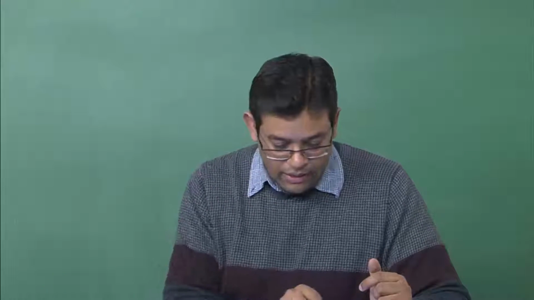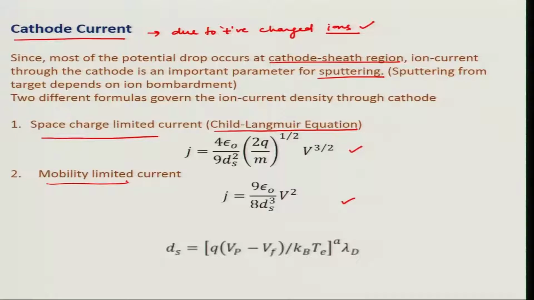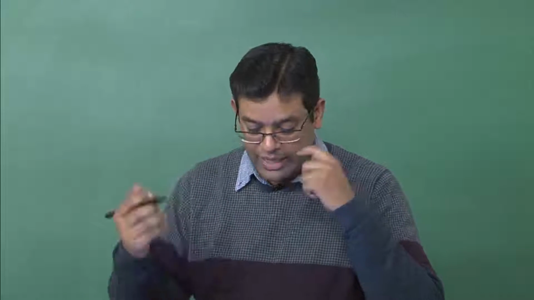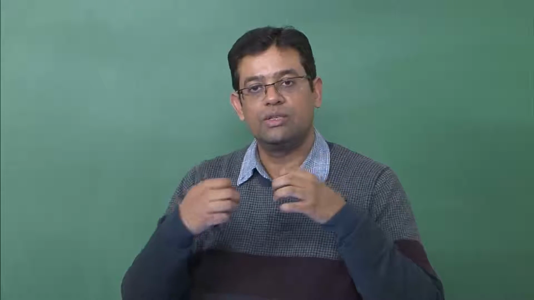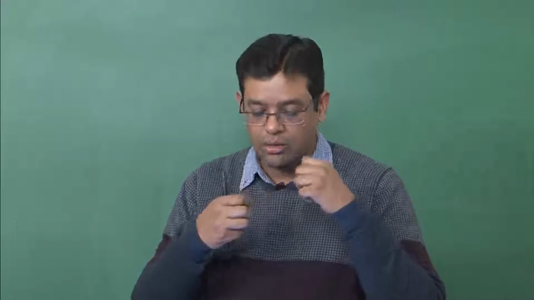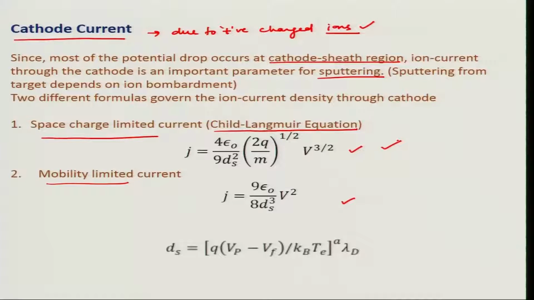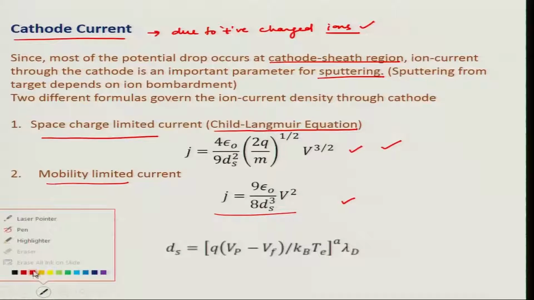Mobility limited current is because of mobility, and this exists when in the cathode sheath region there is collision between ions. So, if the gas density is low, so that there are no ion-ion collisions, then we can use space charge limited current. But if there is ion-ion collision, then we should use the mobility limited current expression.